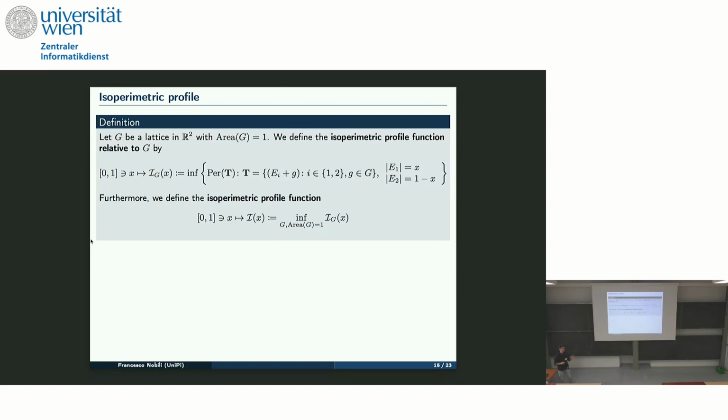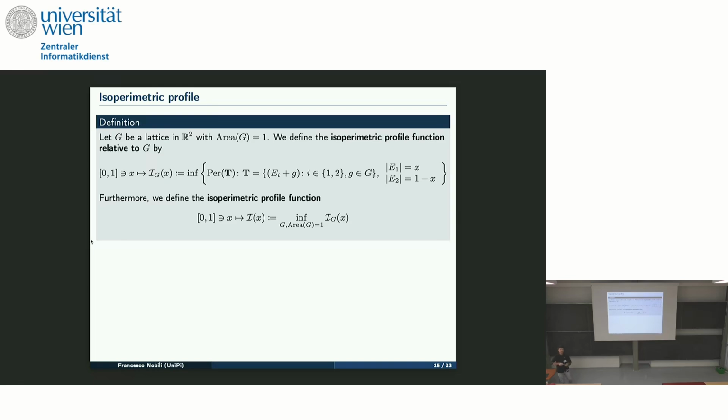Okay, so in order to rephrase all these questions, let me introduce the notion of isoperimetric profile. By scaling, let's look at the area 1 lattice. An isoperimetric profile function relative to G would be this function A_G of x, where x varies between 0 and 1, when you minimize the perimeter of a tiling where you prescribe area x and area 1 minus x.